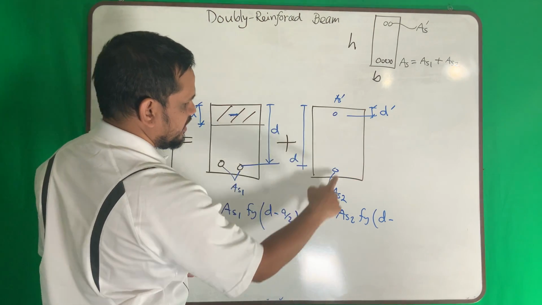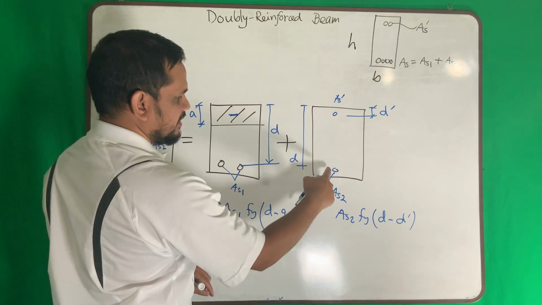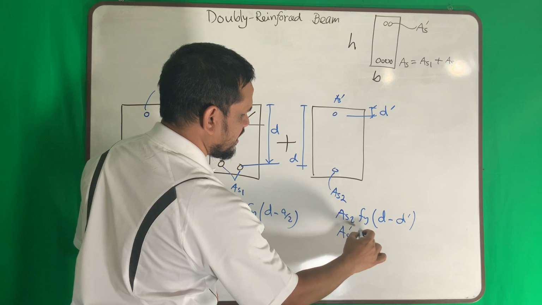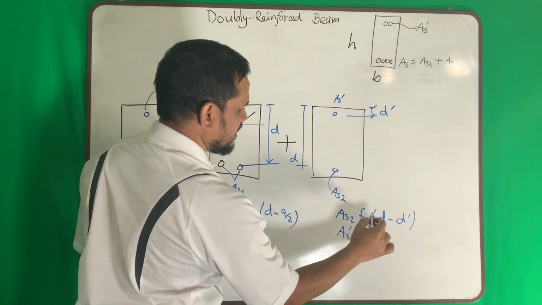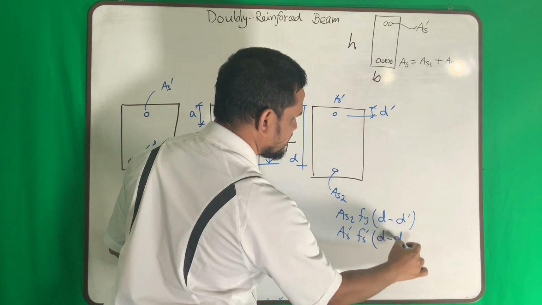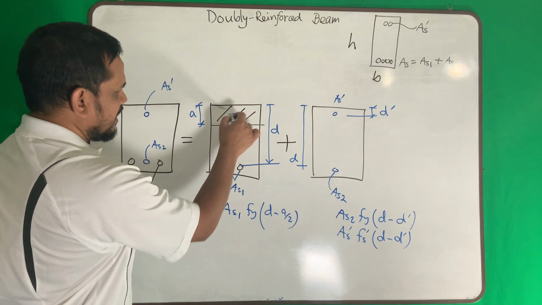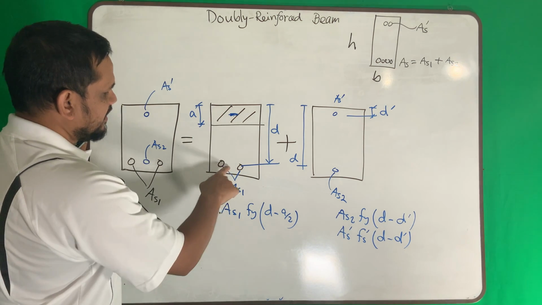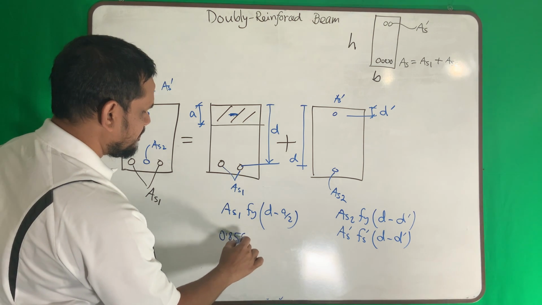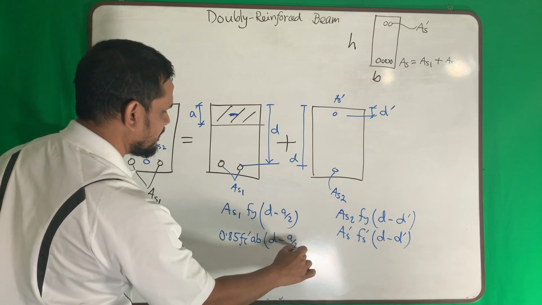So if I take moment here, As2 Fy (d minus d prime). If I take moment here, my equation will be As prime Fs prime (d minus d prime), because here my stress I do not know. If I take moment here, for this I will get moment f prime c a b (d minus a over 2).